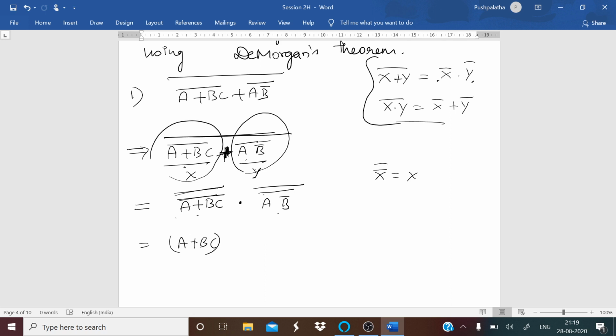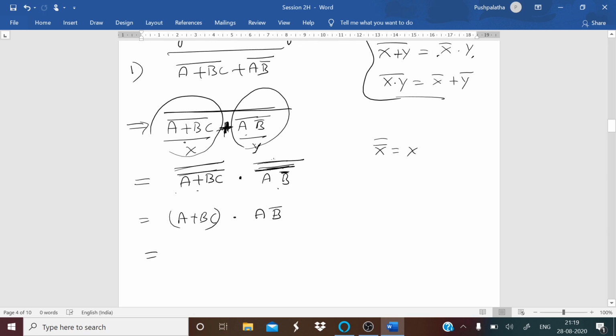Okay, now a b has got two bars here. So this will be like a b bar, because you have removed the double bar, so one bar remains as it is. So now a plus bc into a b bar.